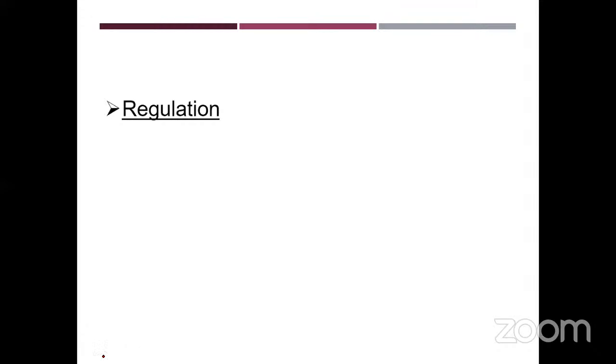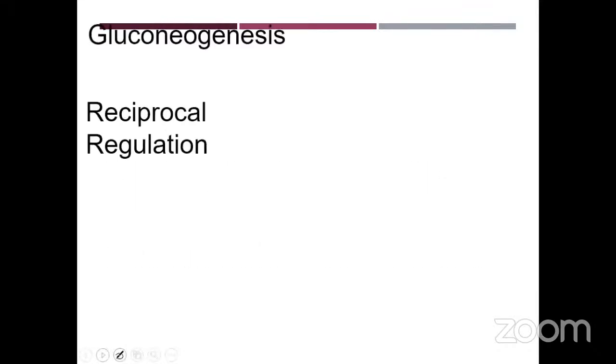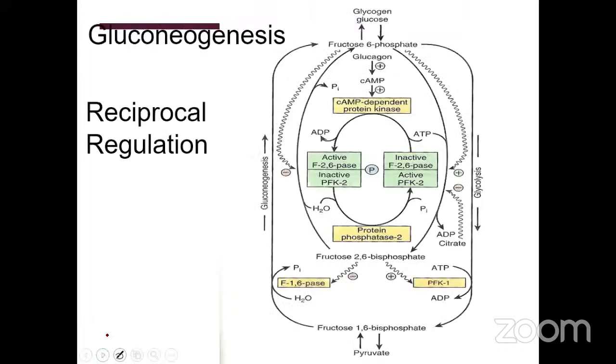Okay. And there is also a reciprocal regulation. It means when one pathway is activated, the other pathway will be inhibited. When glycolysis is favored, gluconeogenesis will be inhibited, and vice versa. That is called reciprocal regulation.